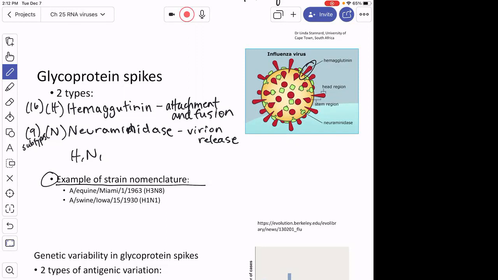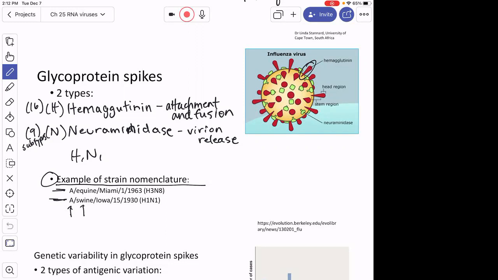So here's a couple of examples of names of strains. The A stands for what type, whether it's influenza A, B, or C. B and C only infect humans, but A can infect some animals as well. So those tend to be more severe because we get some reassortment. We'll talk about that in a second.